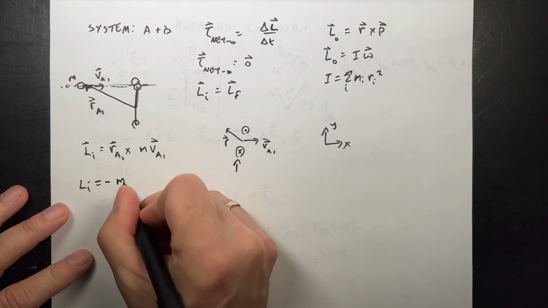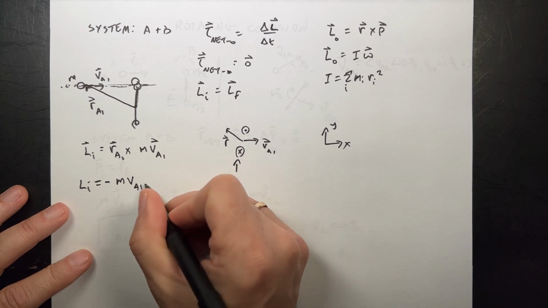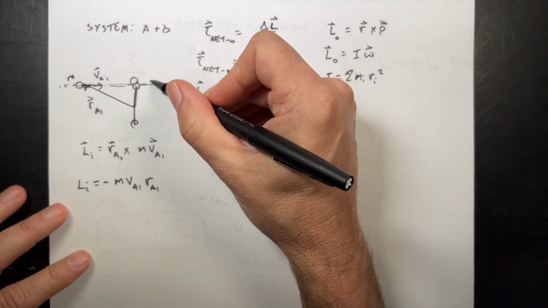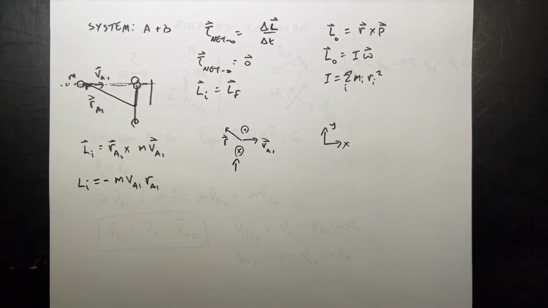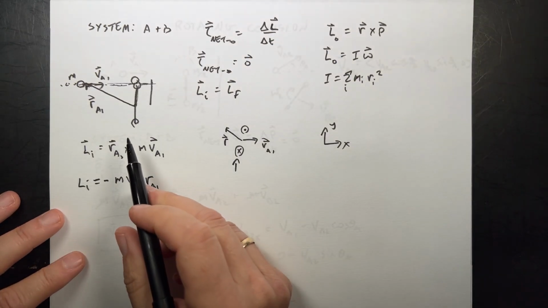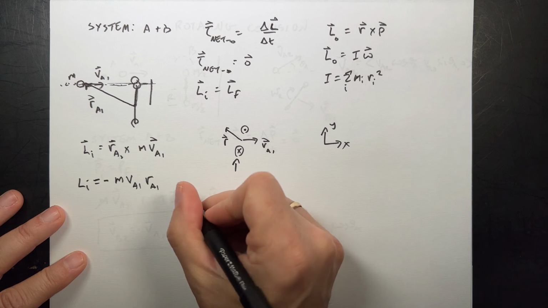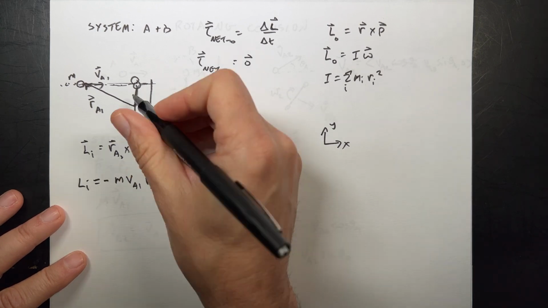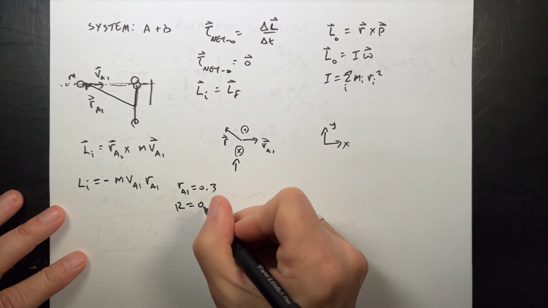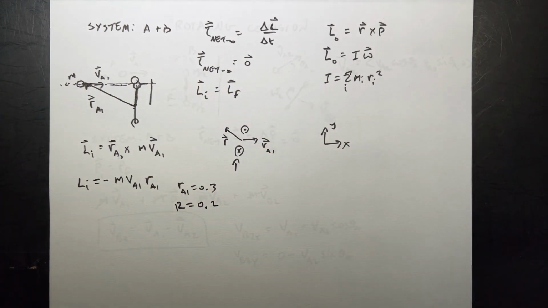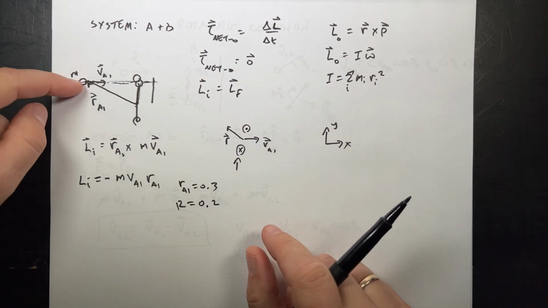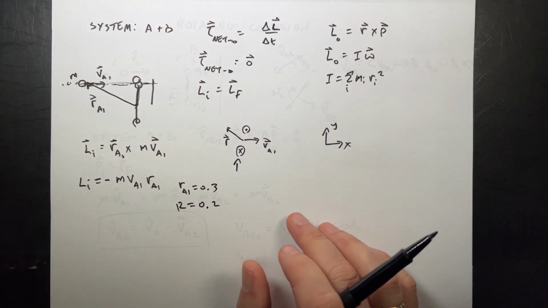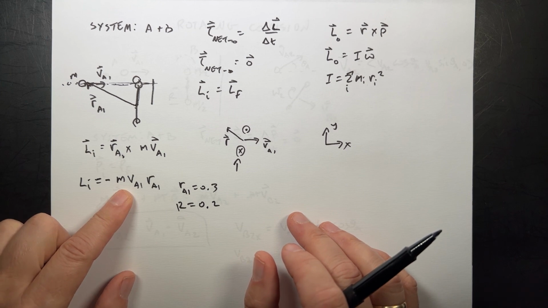Negative m va1 RA1, where this RA1 is this distance right here, which is a little bit bigger. I actually had this RA1 as 0.3, and R, the distance from here to there, is 0.2. So it's a little bit bigger. If I didn't do that, then this wouldn't get deflected up, so I had to have it at an angle. But now I have the initial angular momentum.